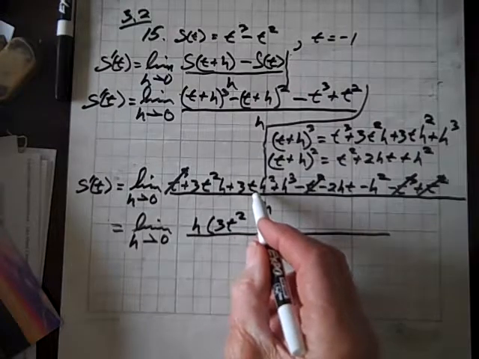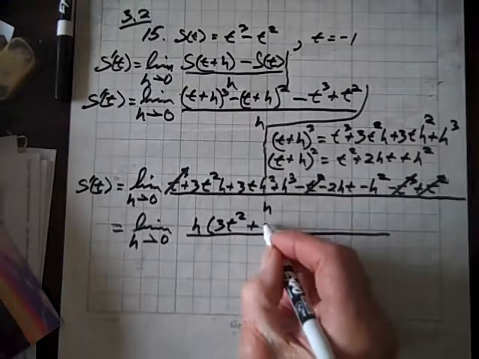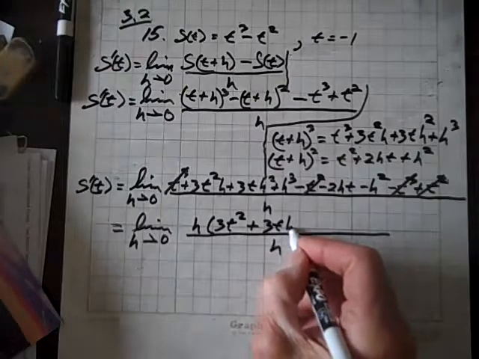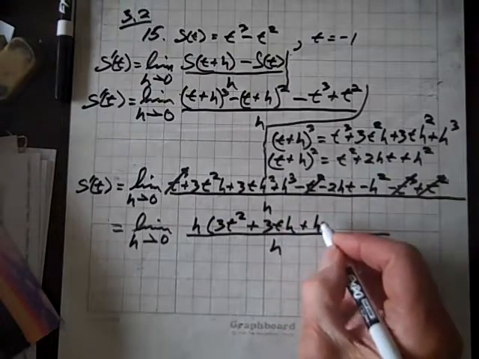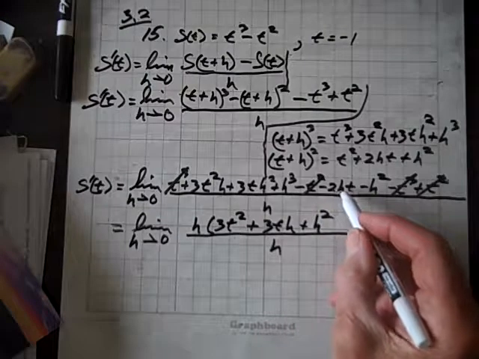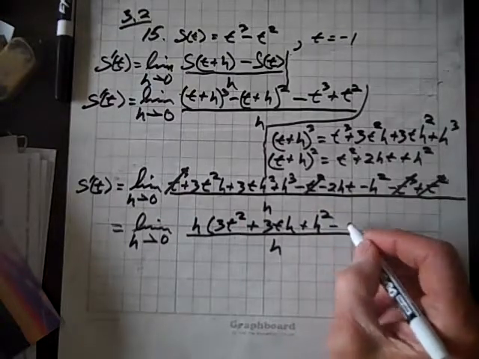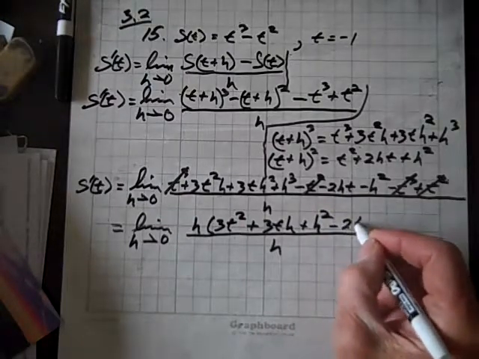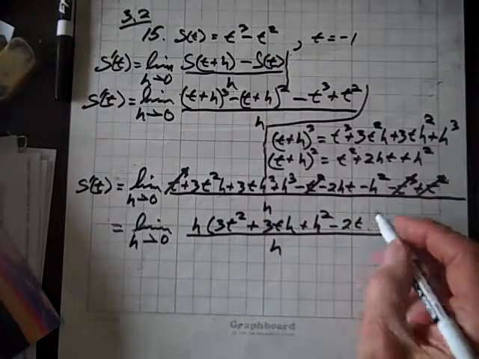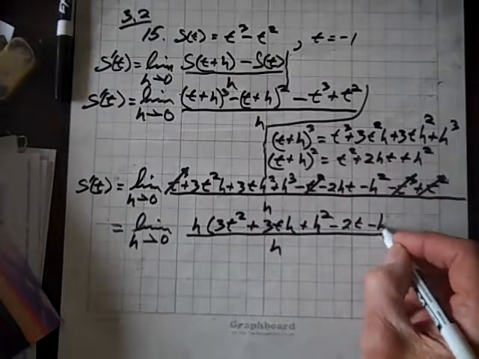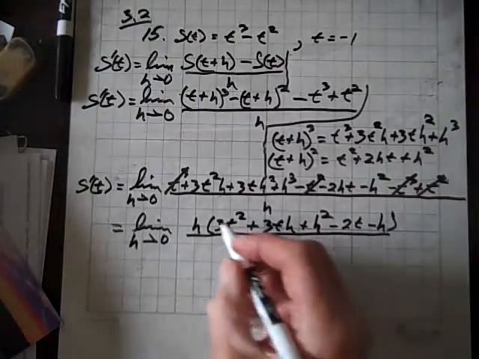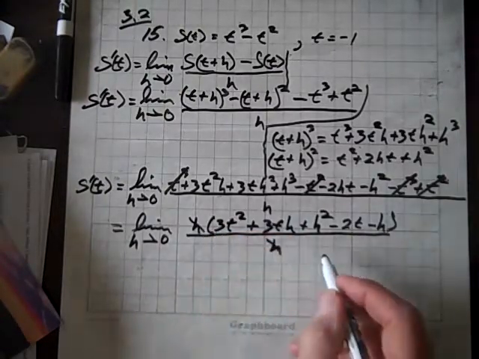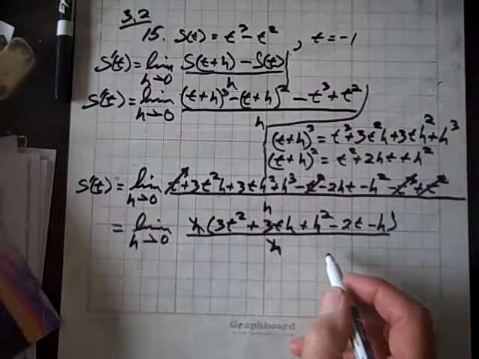We'll factor an h out of this term, and we'll have a 3th. We'll factor an h out of that term, and we'll have plus h squared. We'll factor h out of this term, and we'll have a minus 2t, and factor an h out of that, we'll have a minus h. Now, division by 0 is eliminated because the h's divide out.